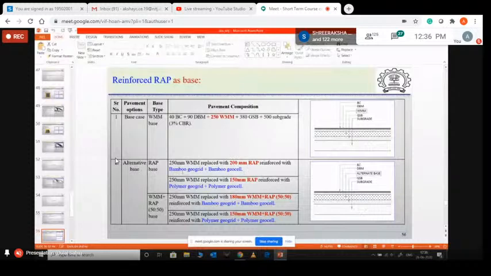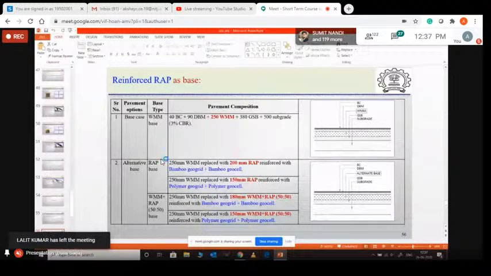So if I use bamboo geogrid and bamboo geocell, then the equivalent thickness was 200 millimeter instead of 250 millimeter. If I use polymer geogrid and polymer geocell, then the equivalent thickness was 150 millimeter. Similarly, if I use WMM plus wrap material, the equivalent thickness was 180 and 150 respectively. So this was the alternative pavement. Considering it as alternative base, this is the reference, and this is the alternative composition.